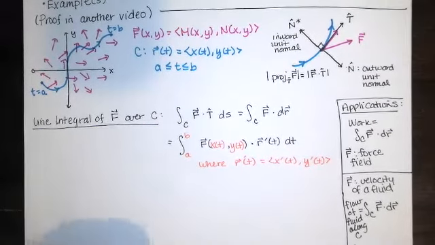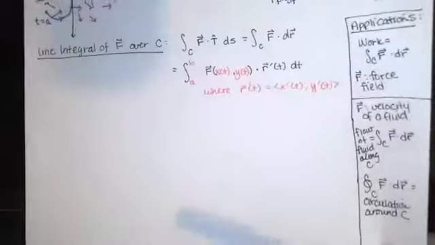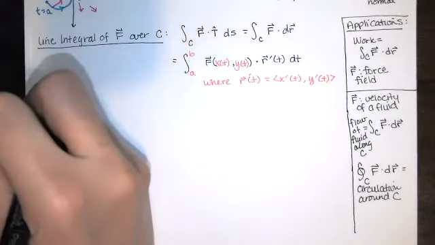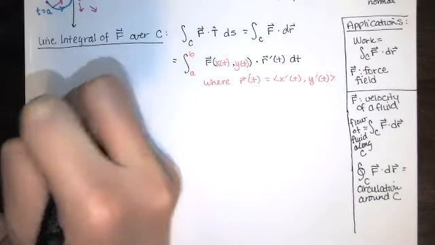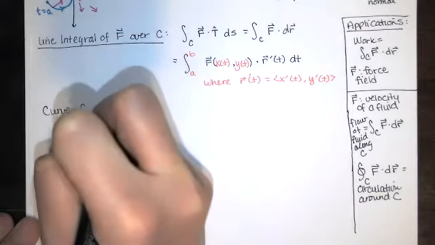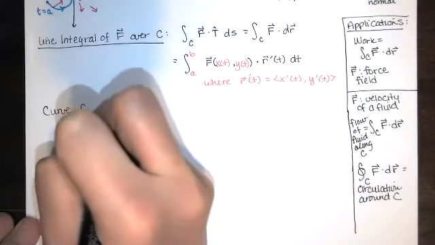Now, I'd like to introduce or review some important terminology. We say that a curve C is simple if it does not cross itself.